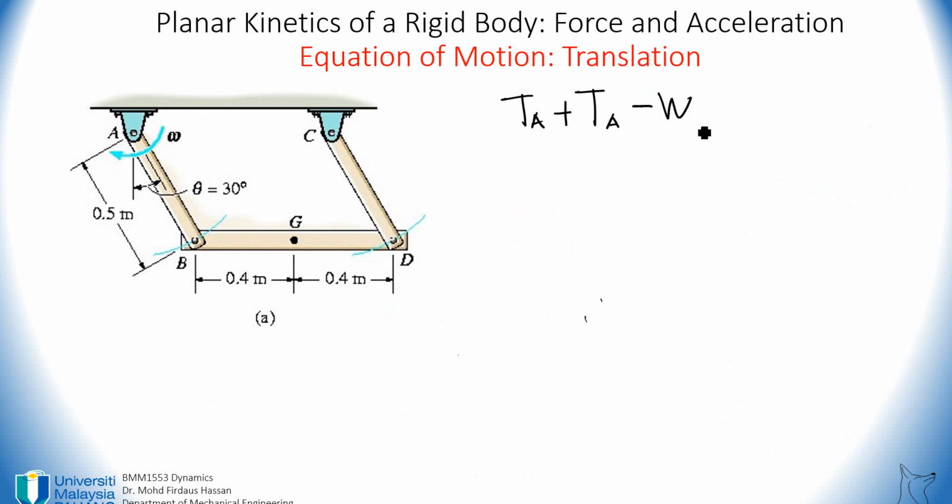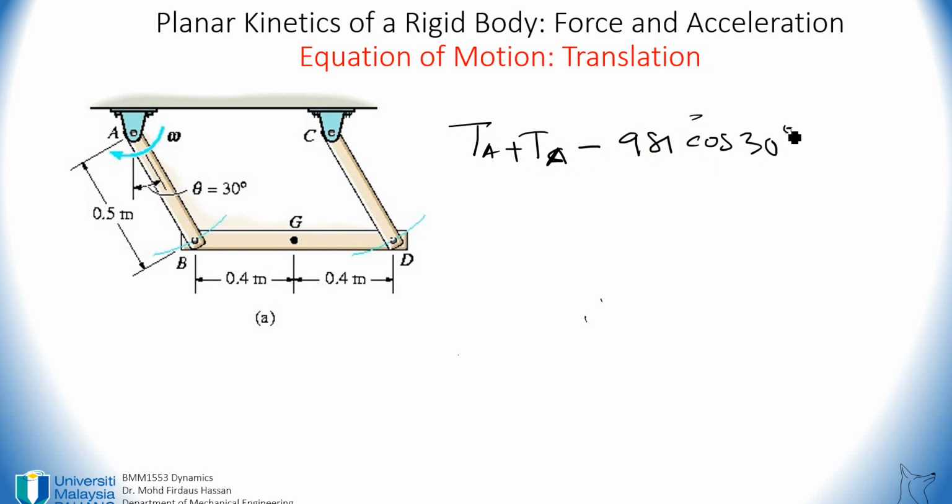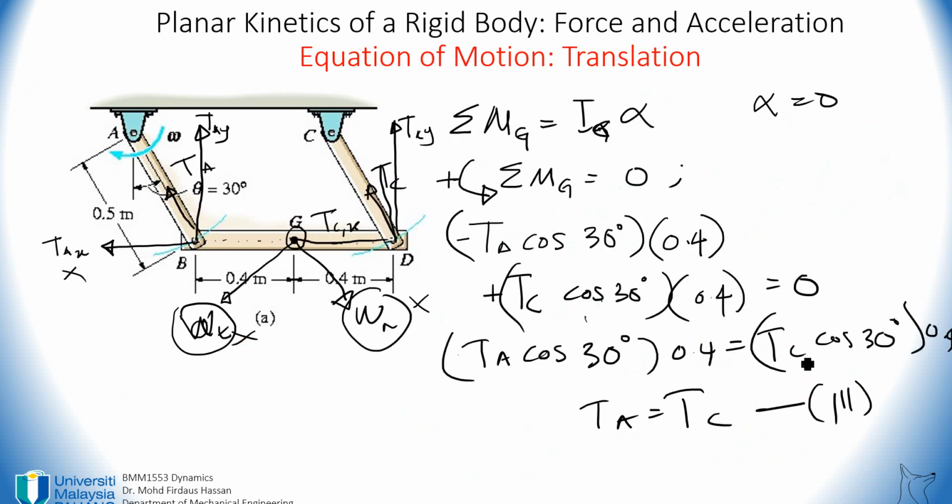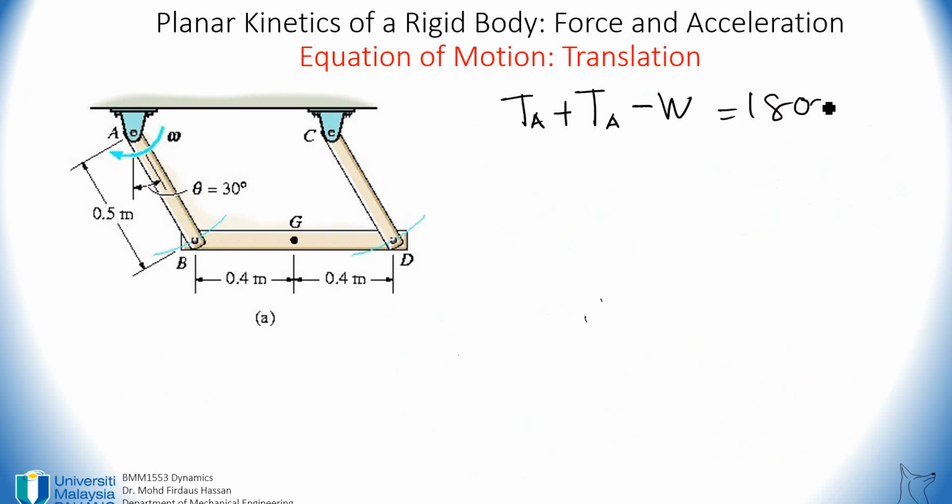TA plus TC, so TA plus TA, minus 981, W cos 30, is equal to 100 times 18, which is 1800.